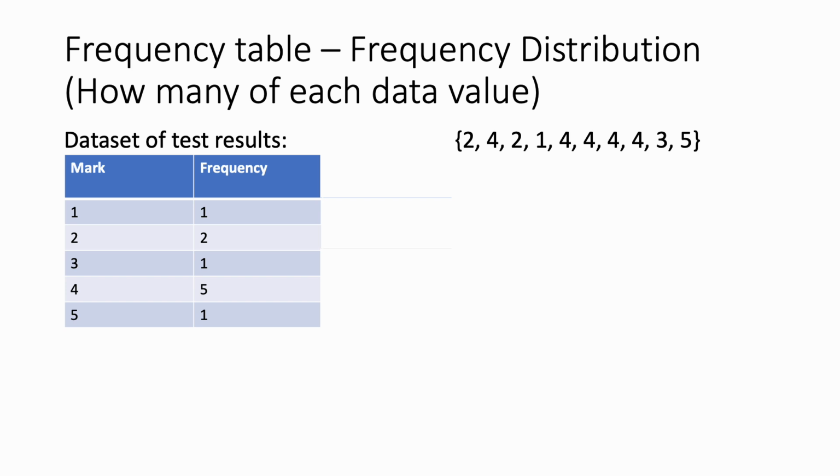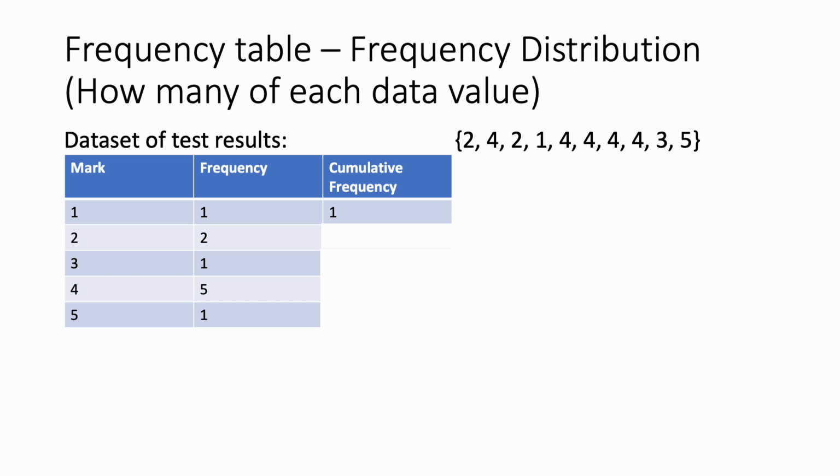Now we can also count how many students score up to a certain mark. For example, how many score 3 or below. This is called cumulative frequency. So to compute the cumulative frequency, we start with the lowest mark, which is 1, and we see only 1 student scores up to one mark.